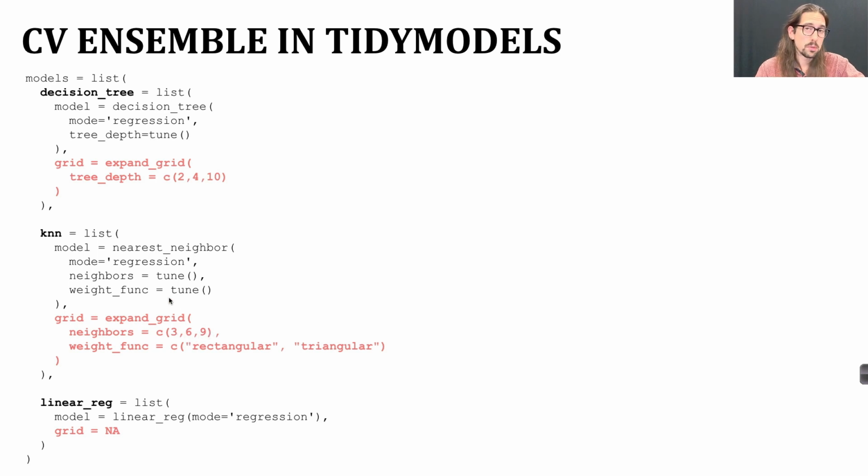Now it helps to know a little bit about these methods because I kind of know that these are going to be reasonable values and I shouldn't try 10,000 and that -3 doesn't make any sense. And for weight func, I'm going to try rectangular, triangular. So this is going to create a grid of all the possible combinations of these values for the KNN model. And then linear regression, there are no hyperparameters. So I just say grid equals NA.